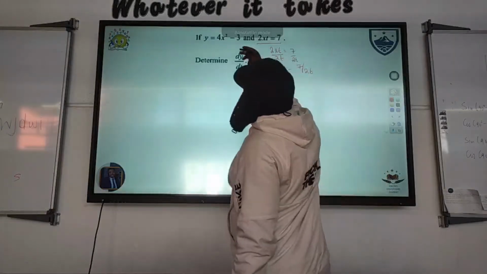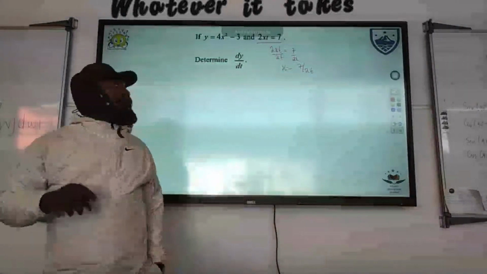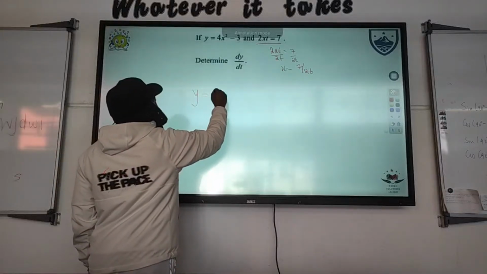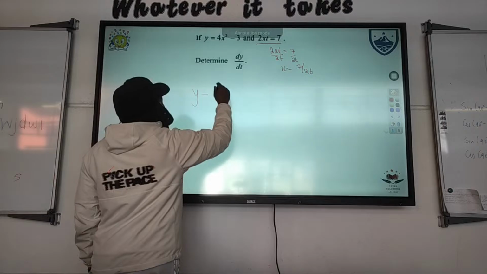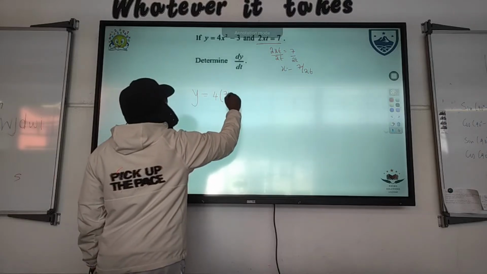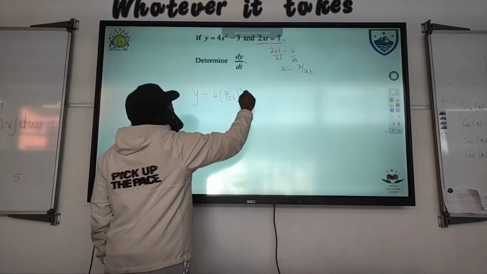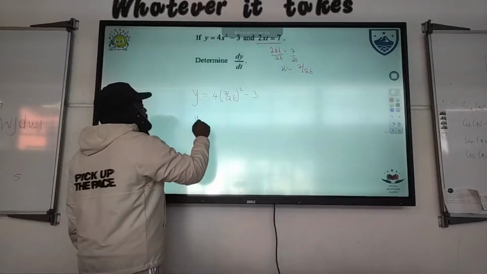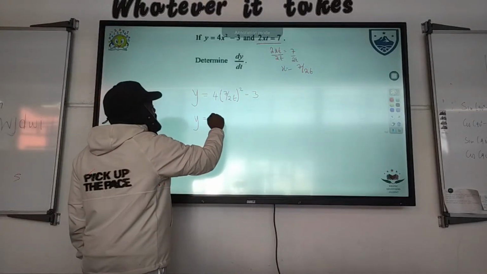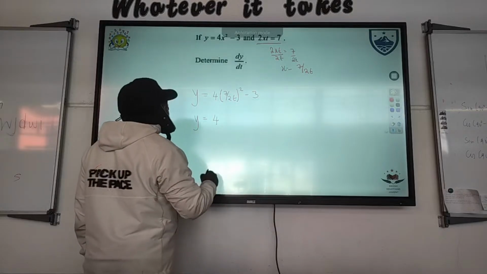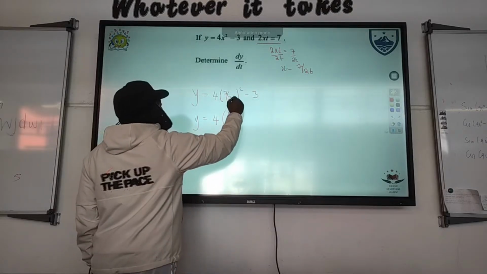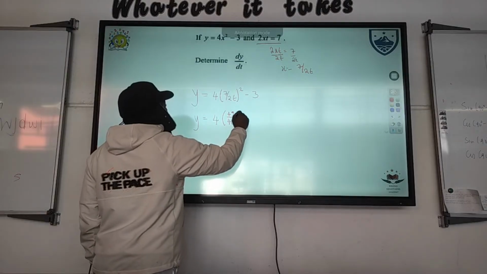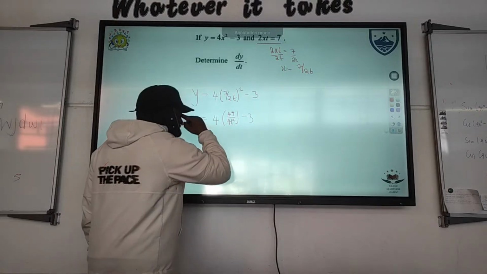and then our x will simply be 7 over 2t. Then we go to the other equation where we see x, we'll put 7 over 2t. So I'll have y being equal to 4. What is x? x is 7 over 2t squared, and then minus 3, and then y will be equal to 4, and then this will be 49 because this is squared, and then 4t squared, and then minus 3.